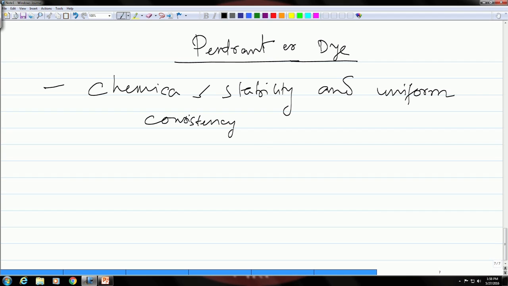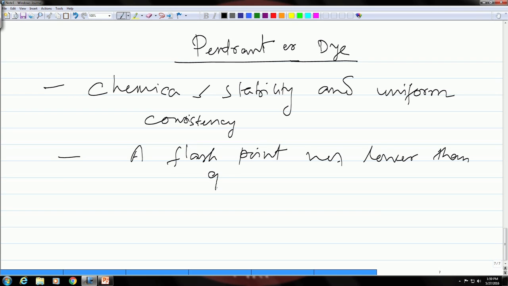Then it should have a flash point which should not be lower than 95 degree Celsius. So, it is close to 100 degree, that means it should not be a flammable liquid. You should be able to handle it properly without the hazards of fire and all that.